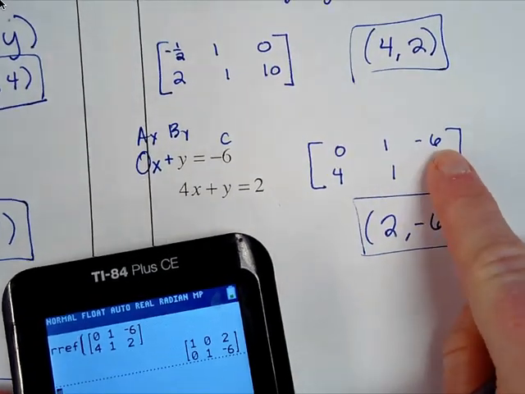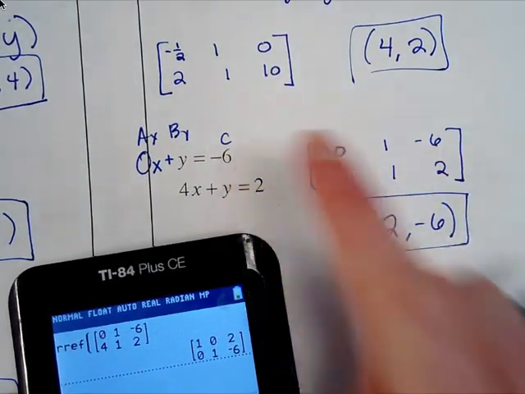Which we already knew y was negative 6 because they told us that in the very beginning.